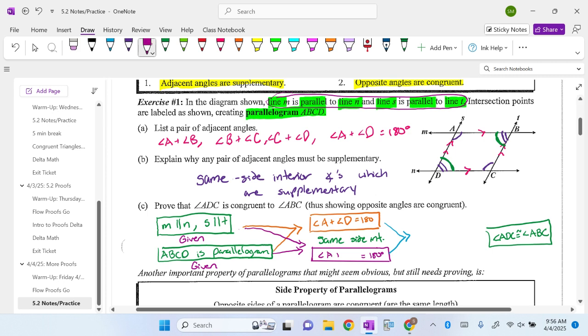So angle A plus angle B is equal to 180, again by same side interior.